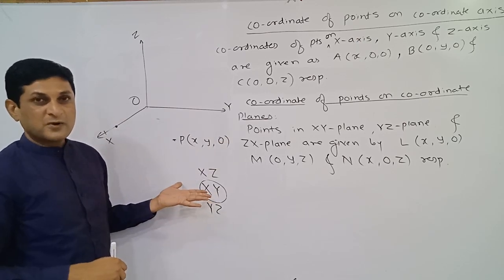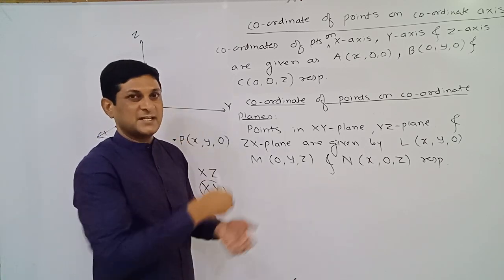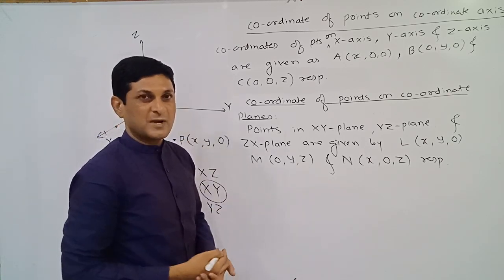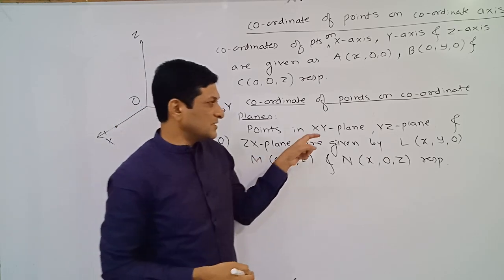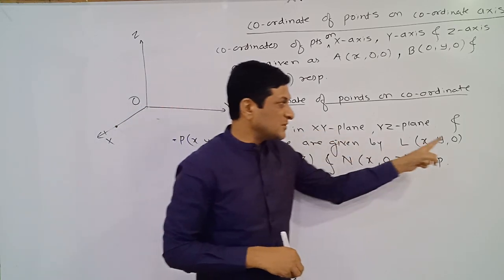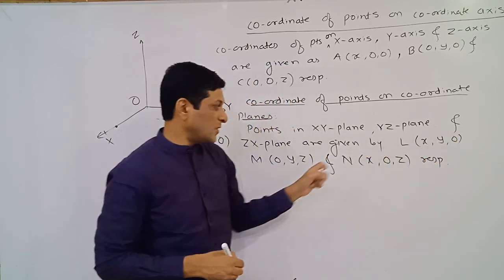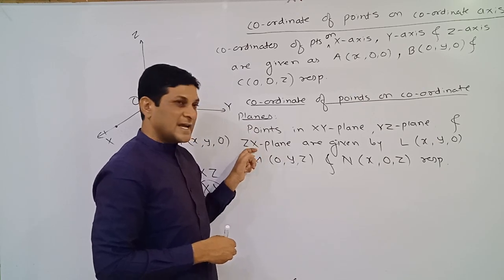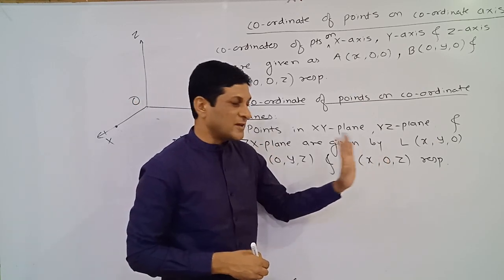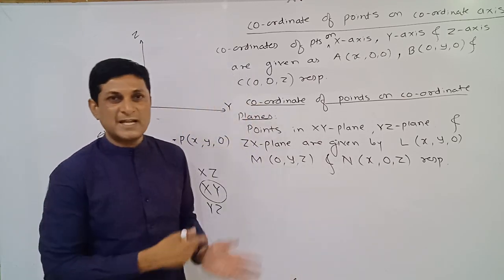Why is the distance 0? Because that point is already in the xy plane. So what result have we got? If the point lies in the XY plane, the z coordinate is 0. If the point lies in the YZ plane, the x coordinate will be 0. Or if the point lies in the ZX plane, the y coordinate will be 0. In this way we are finding the coordinates of a point lying in different planes.